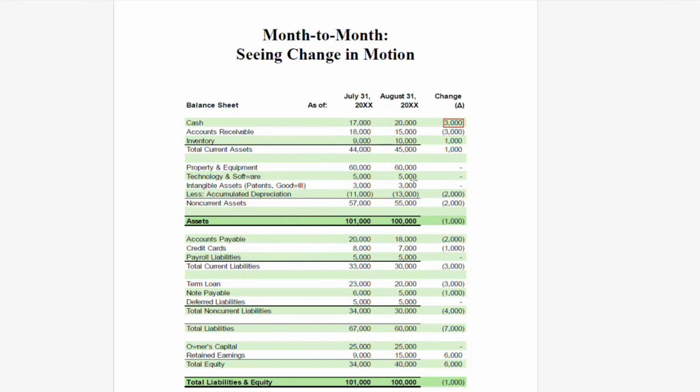We depreciated some assets. We also paid down our accounts payable and our credit card, so our current liabilities went down by $3,000. I see that as being a very good thing.